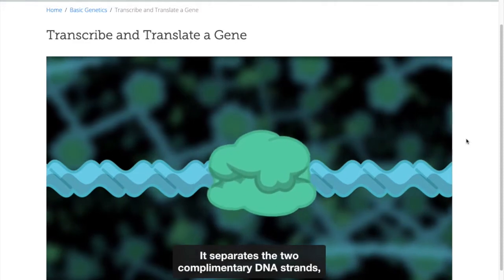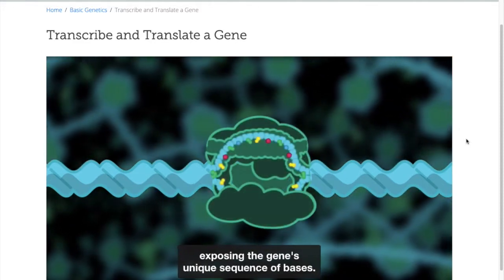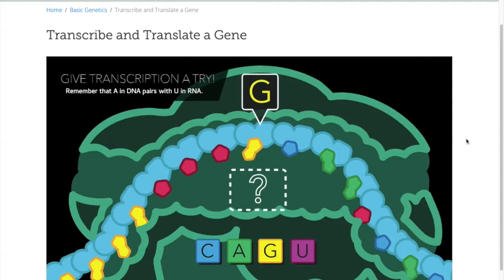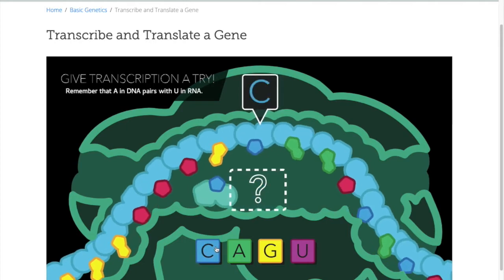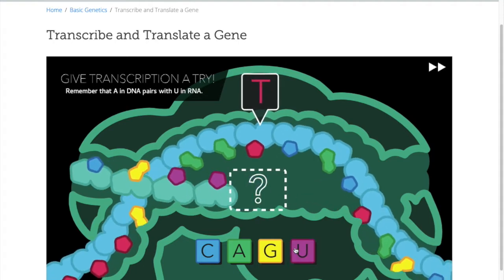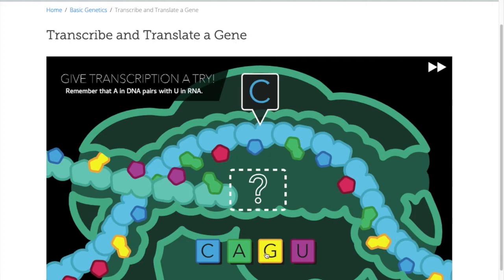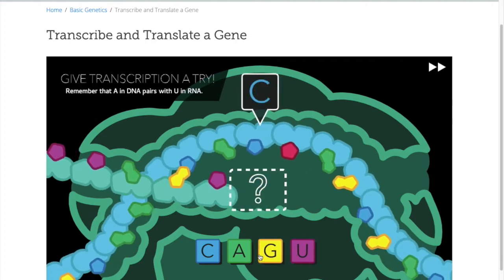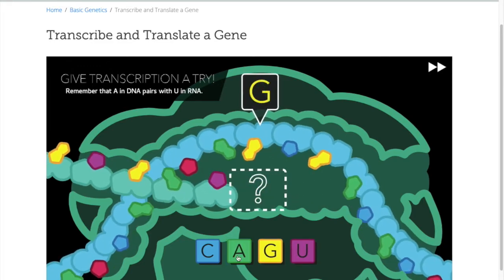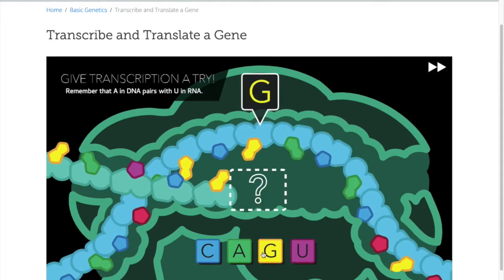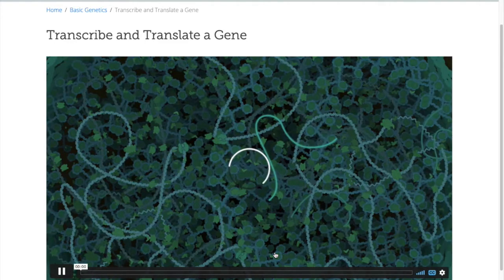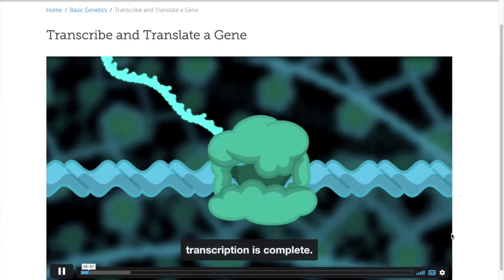It separates the two complementary DNA strands, exposing the gene's unique sequence of bases. When the end of the gene is reached, transcription is complete.